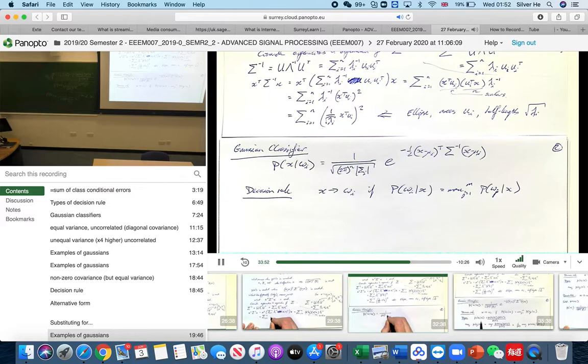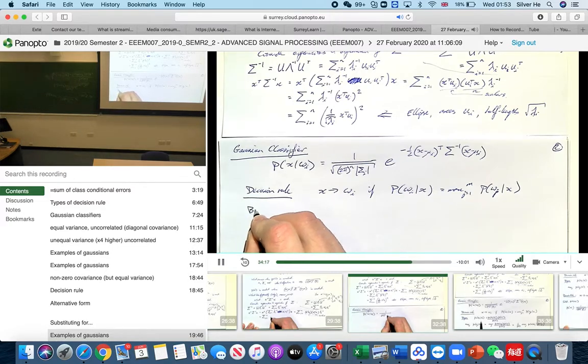So let's now work out what we want to calculate from Bayes. So we have this, P of omega i given x, but we're told P of x given omega i. So what are we going to use to get this in terms of this? Bayes rule. Yeah, so we're going to use this Bayes formula here.